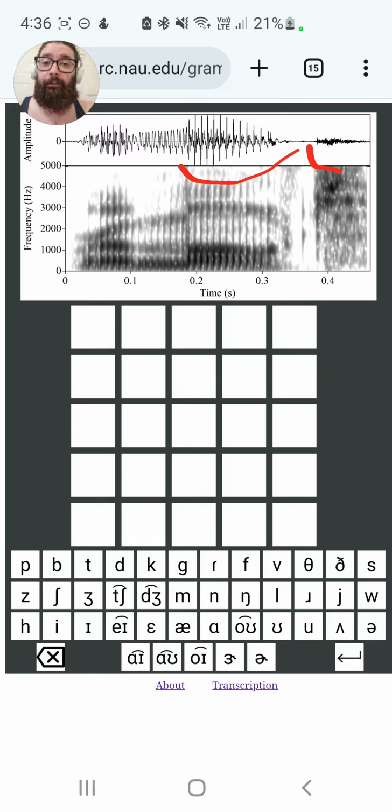And then we've got a much quieter bit here, which is probably some sort of voiceless stop consonant, because it's got a much noisier signal and it is much quieter. So we are looking at probably a voiced consonant, then a vowel, then a voiceless consonant.